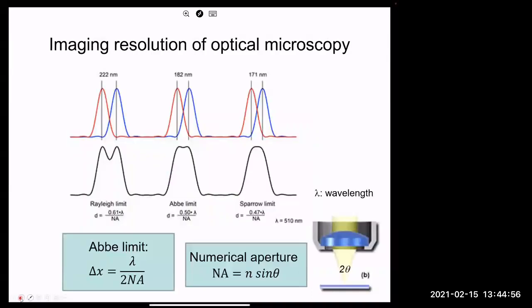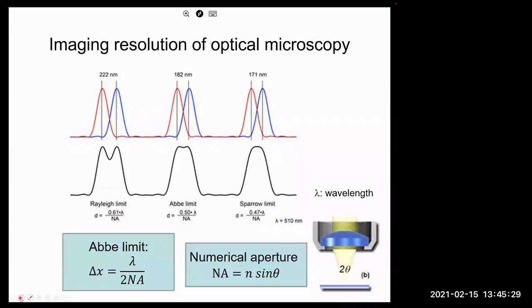Because there is a more fundamental limit on how well you can resolve any object. So let's assume we have two point masses, two point sources. If you use optics to try to resolve them, you can use a microscope, and then you are going to see that no matter how good the CCD is, you are not going to see a point source.